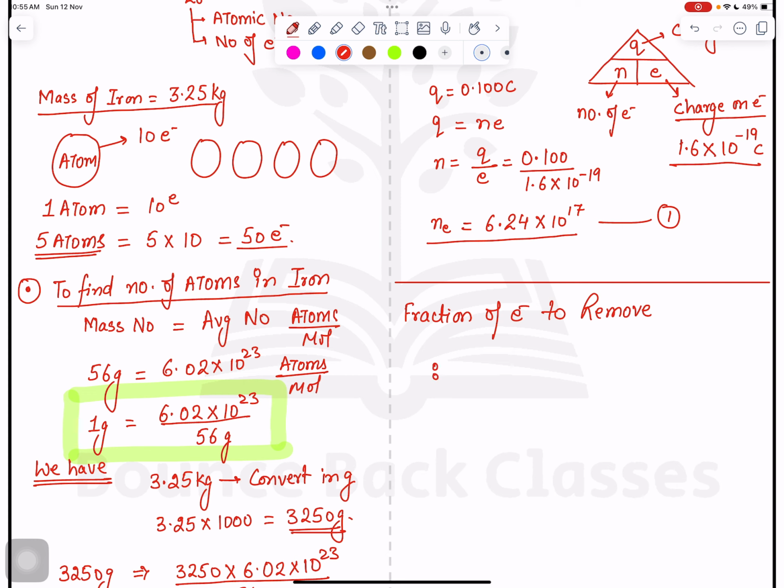So just divide number of electrons, or you can say equation 1 divided by equation 2. So what we have? Equation 1, number of electrons in that charge, 6.24 multiplied 10 raised to the power 17 divided by, what is the second value?